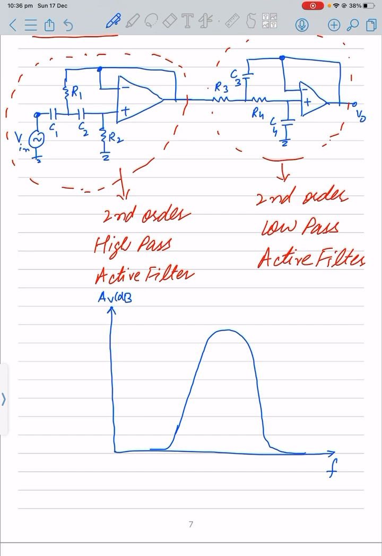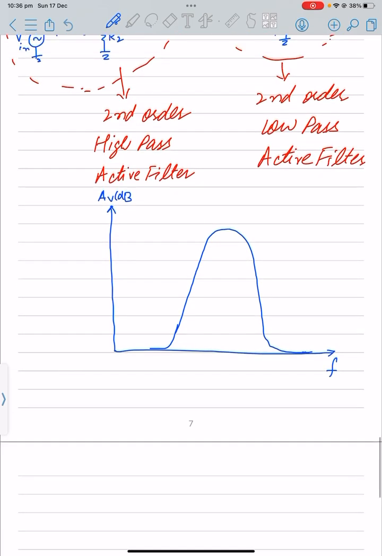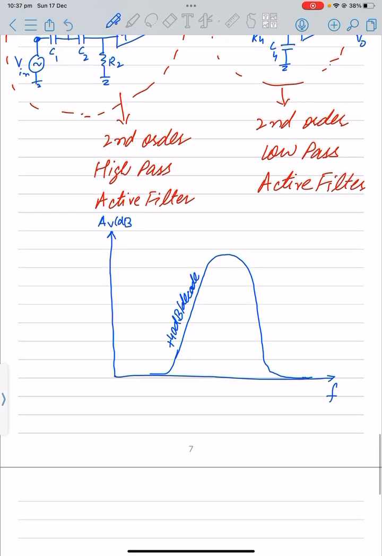That is the frequency response for this particular one, with the frequency gain in dB. That is actually the plus 40 dB, because we have a second order high pass filter at this point.